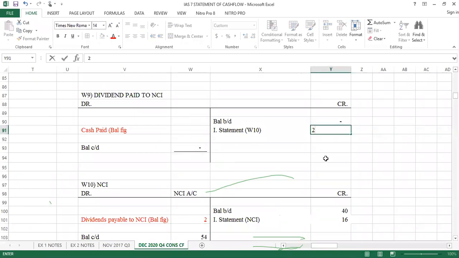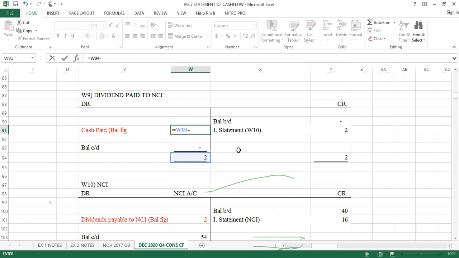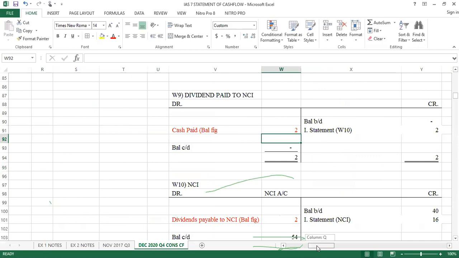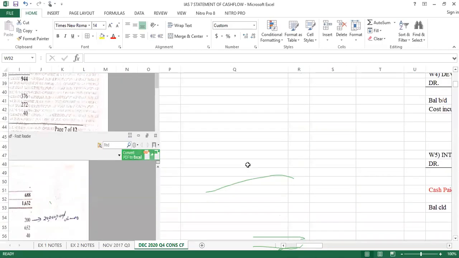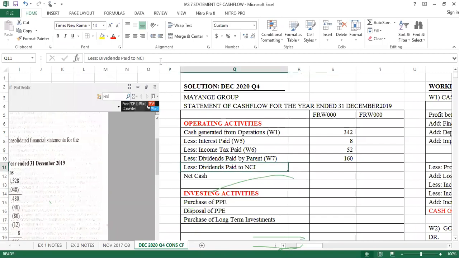The balancing figure is this minus that, so it gives us 2. So working 9 is 2. What are the charts asking?